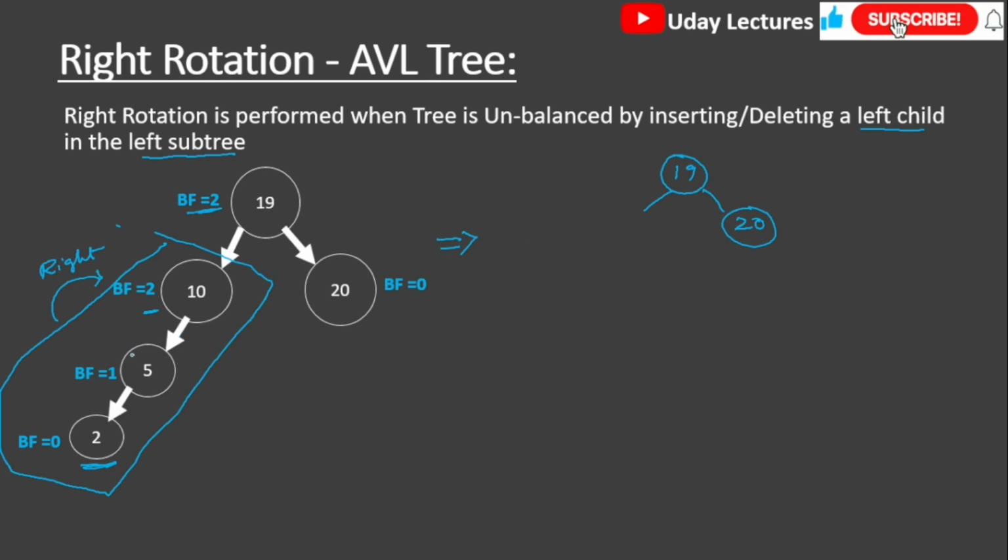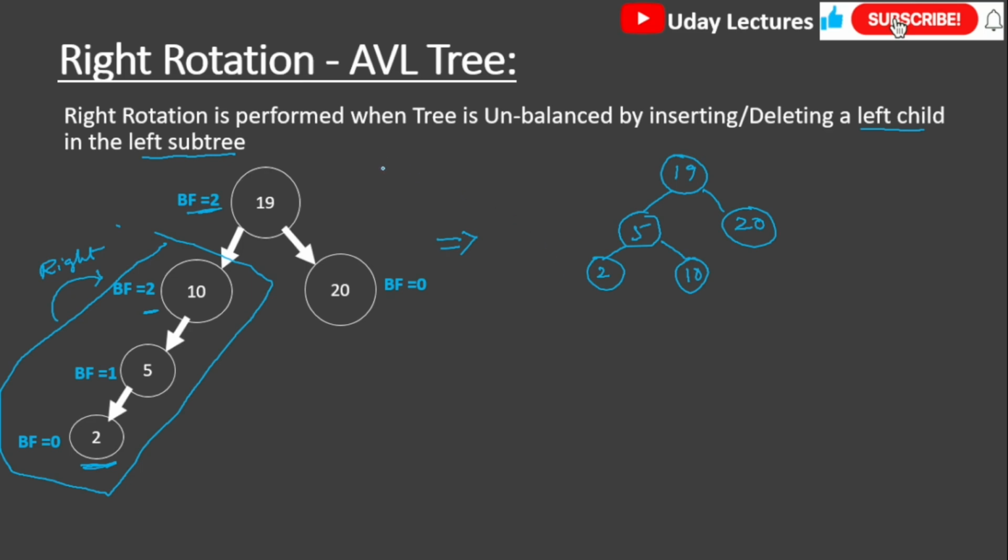So here if you see we are performing right rotation. So in this case 5 becomes root node, 5 will jump to the position of 10, and 10 is connected as right child of 5, and 2 is connected as it is in the same place. So now in this case 5 becomes our root node and 10 becomes right child and 2 becomes left child. So this is how we perform right rotation.